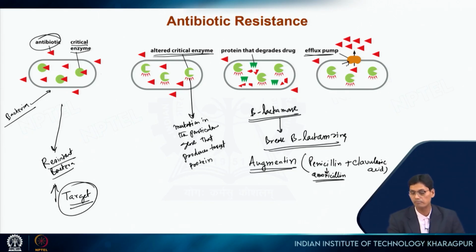They will increase the amount of efflux pump on the surface of these cells in the bacteria itself. So therefore, as we give more and more antibiotic and it goes inside the bacteria, the bacteria are removing those antibiotics from inside to outside. So this is another very important strategy of bacteria, right?